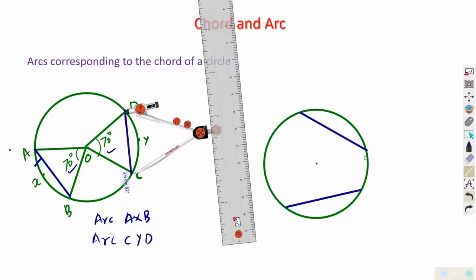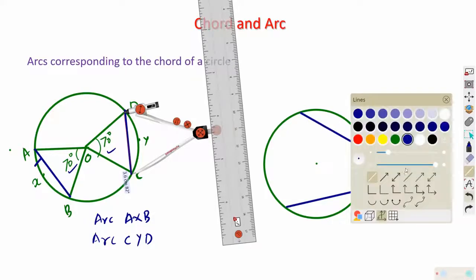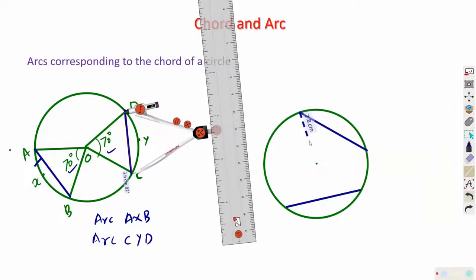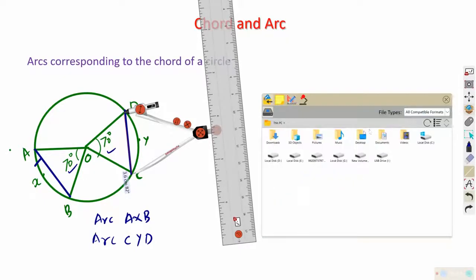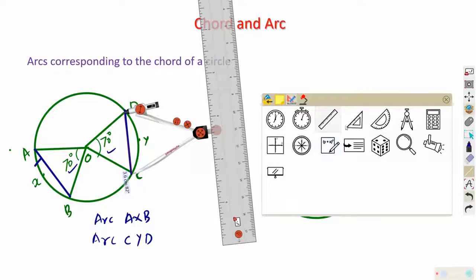Okay, then I will do one thing. I will connect this with the center. I will draw lines connecting the chord ends to the center, from here to here, and then from here to here, and I need to measure the angle created.